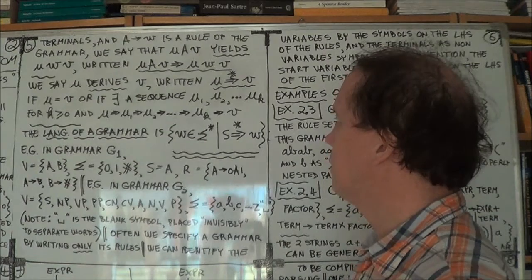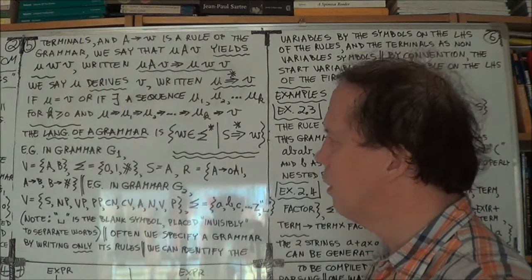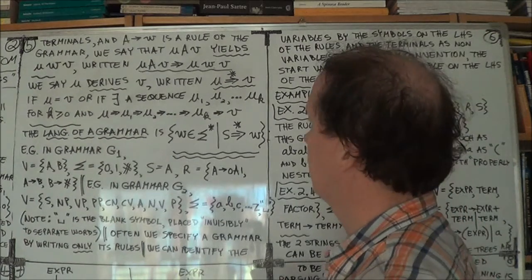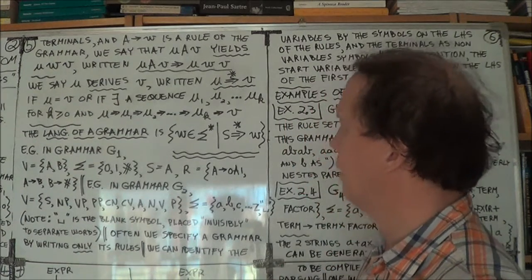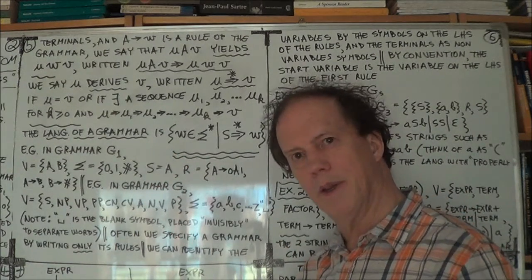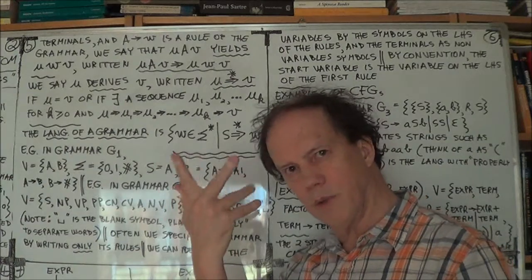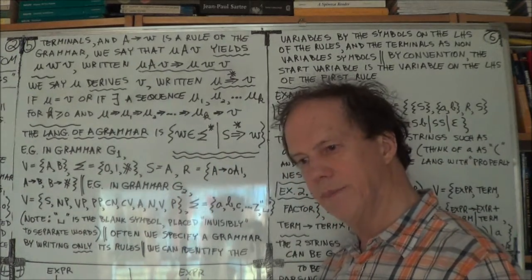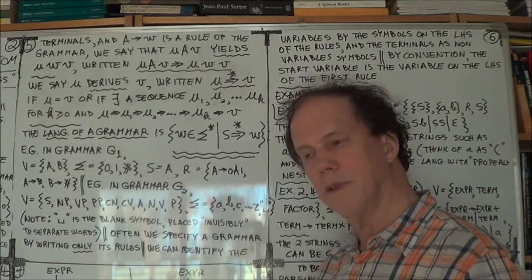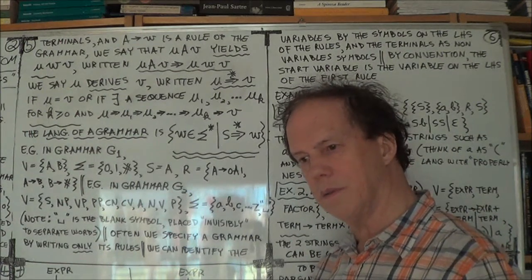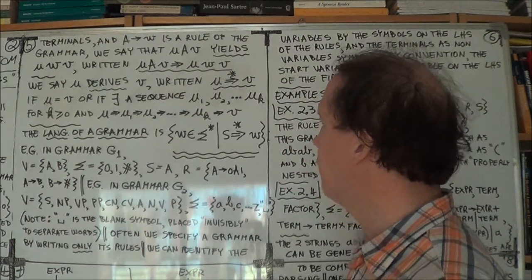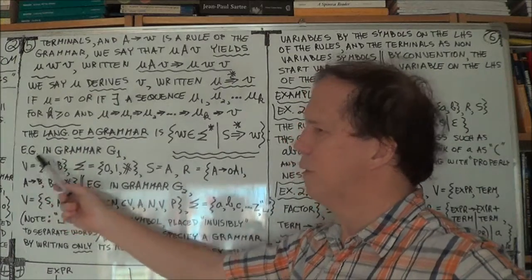Alright. Well, let's write out the formal definition of grammar G1. Now remember, the formal definition of a grammar is a four-tuple, the four terms: V, capital sigma, capital R, and capital S. So capital V is what?